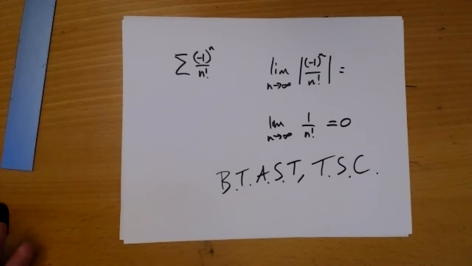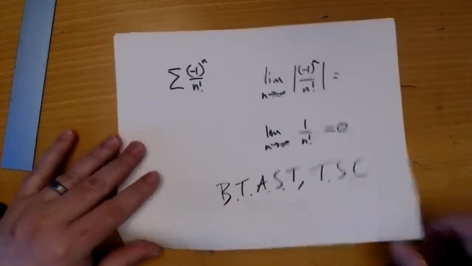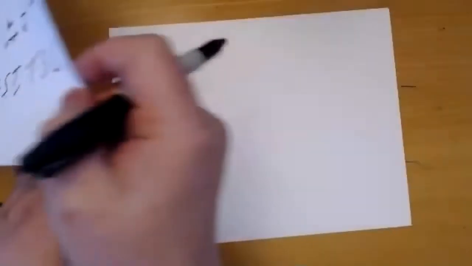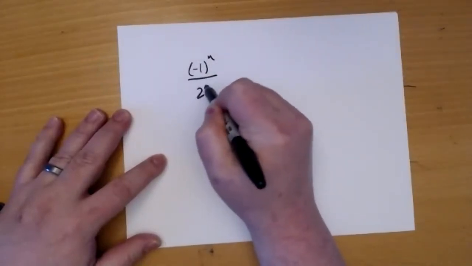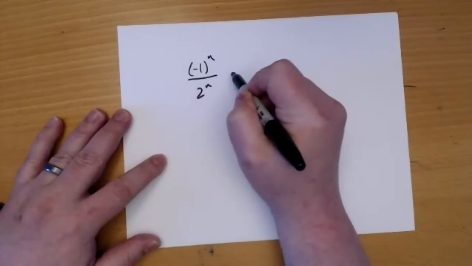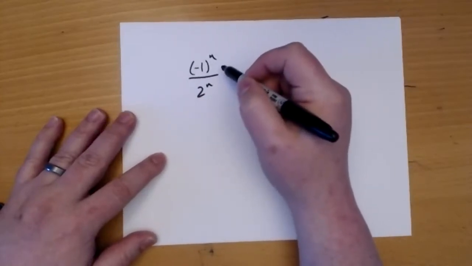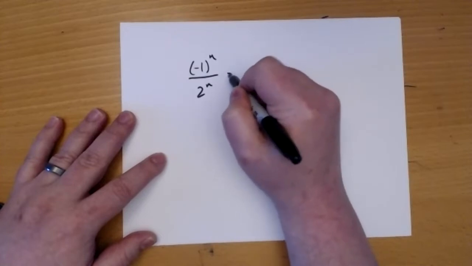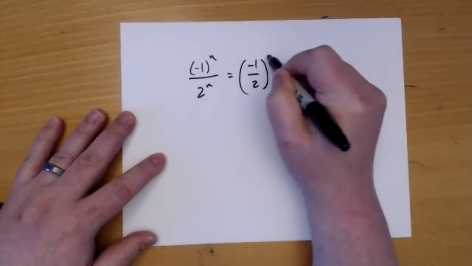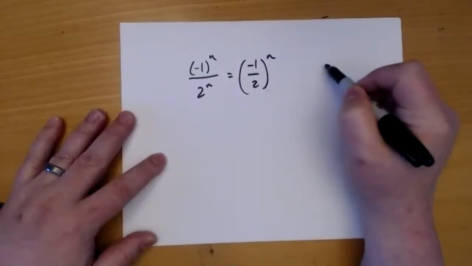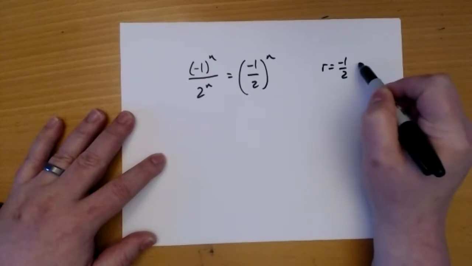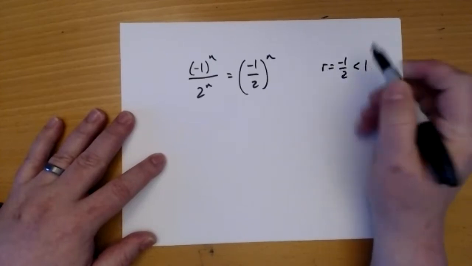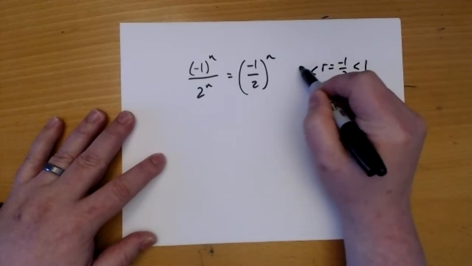Now, if you wanted to use something other than the alternating series test, that's not hard to do either, because you could say that this converges, right? Because that's the same thing as a converging geometric series, because r is equal to -1/2, which is less than 1 and greater than -1.